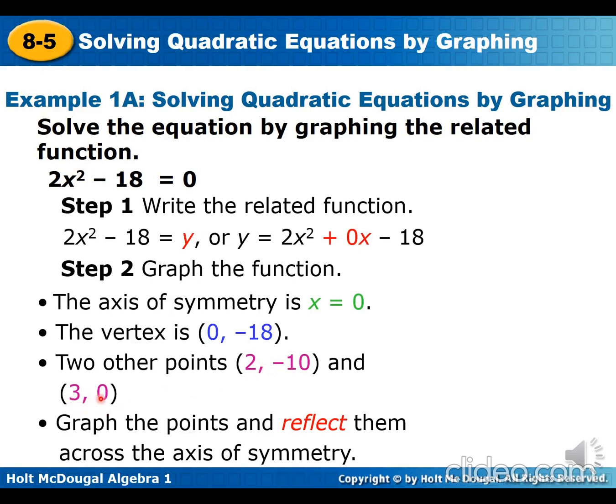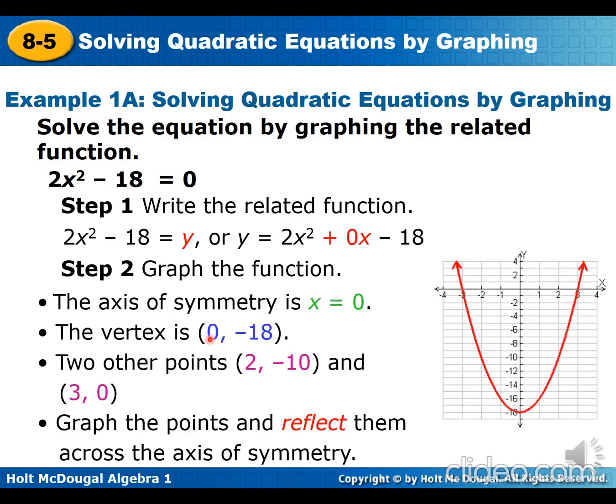Substitute the 3, the y will be 0. What if another student picks, for example, negative 1 and 7? You will get the exact same graph as long as the axis of symmetry is correct and the vertex is correct. Now let's graph. After we graph them, we go to step 3.